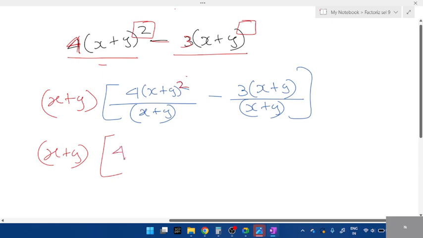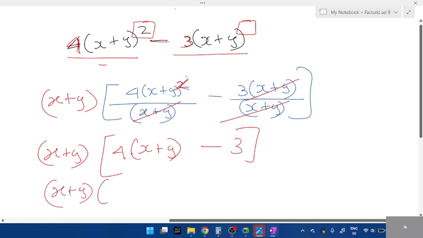Look, 4 as it is. This 4xy will get cancelled with 1. How many 4xy is left? 1 minus. Your both degrees are 1. So both will get cancelled, 3. Then further when you factorize this, x plus y, open the bracket.